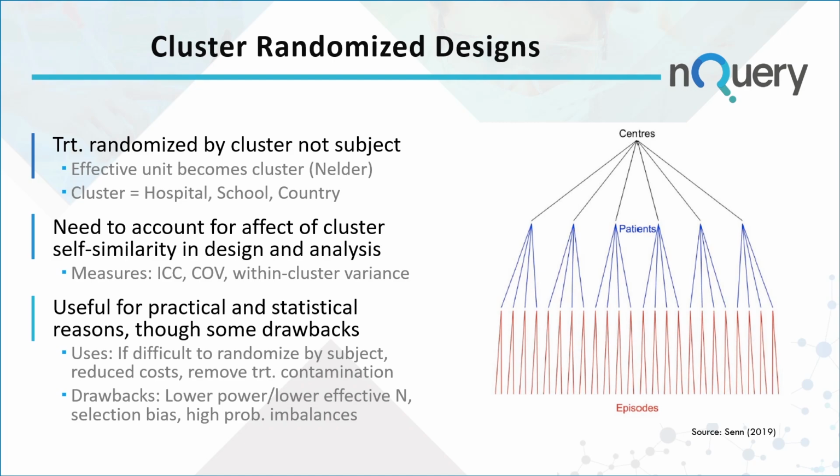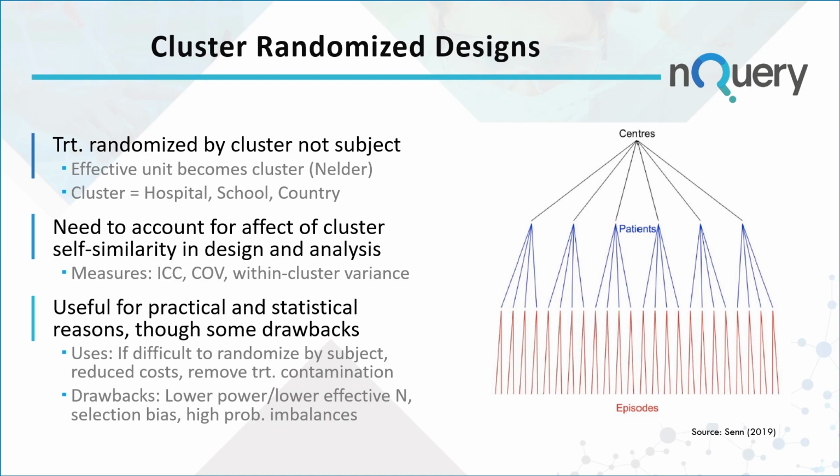You can also do a direct adjustment for those covariates as well, of course. But ideally you account for the intrinsic self-similarity effect using a measure such as intra-cluster correlation, the coefficient of variation, or the within cluster variance. You can actually show most of these are relatively interchangeable with each other. They're basically interpreting the same idea, but from different directions.